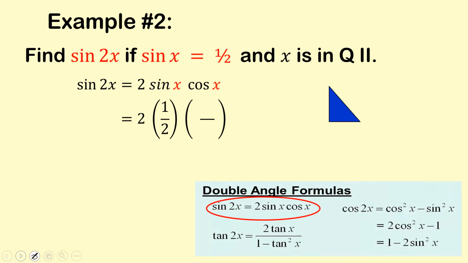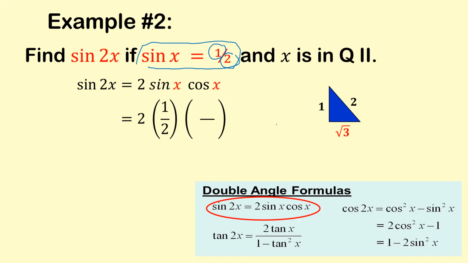So gamit tayo again nung katulad ng ginawa natin. Meron tayong 1/2 na sine x. So making use of this value, 1 is one side or one leg. Tapos 2 yung hypotenuse. We solve for the other leg, and you will arrive at square root of 3. Okay, so that means cosine is square root of 3 over 2 numerically.